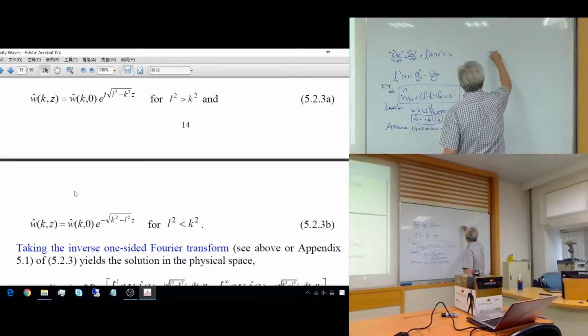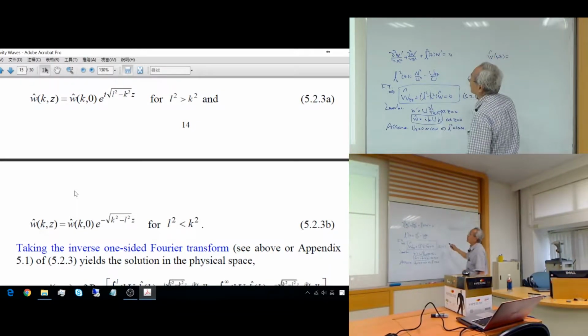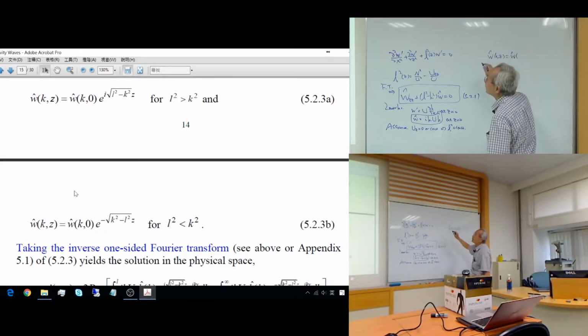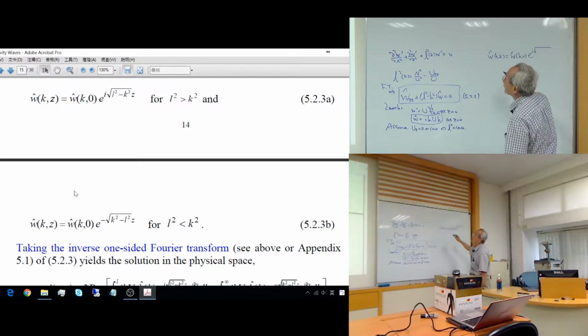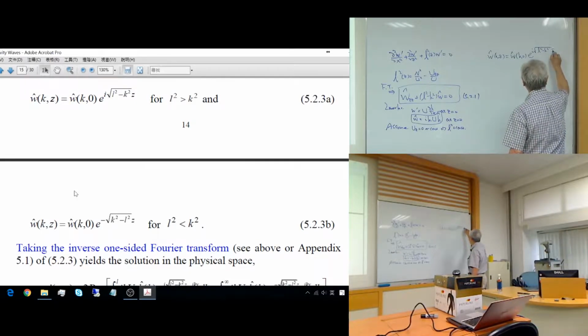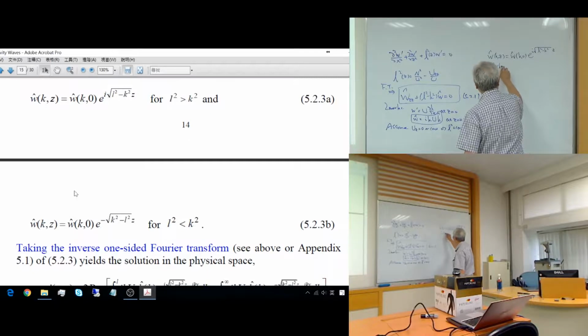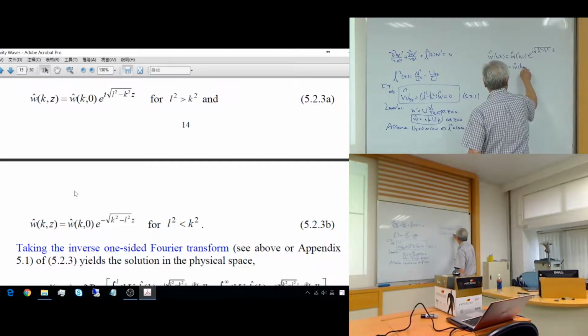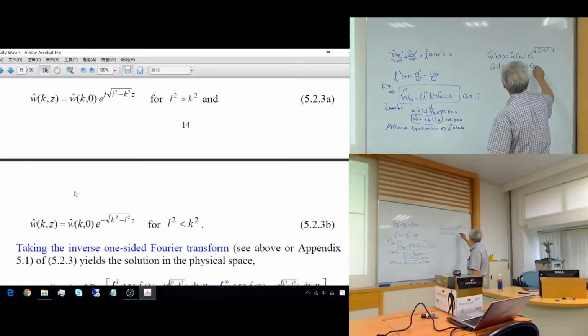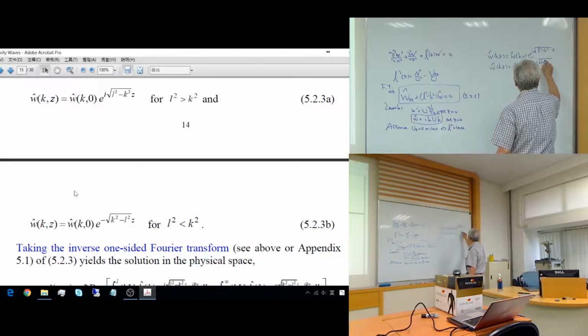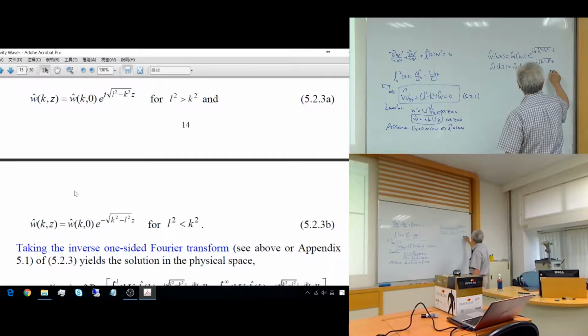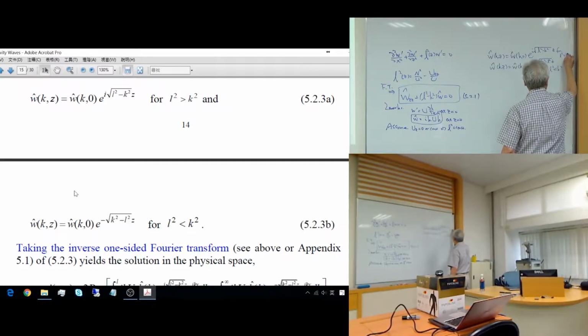So w hat of k, z equals w hat of k, 0 times e to the i square root of (L² minus k²) times z, and w hat of k, z equals w hat of k, 0 times e to the minus square root of (k² minus L²) times z. The second is for L² less than k², and the first is for L² greater than k².